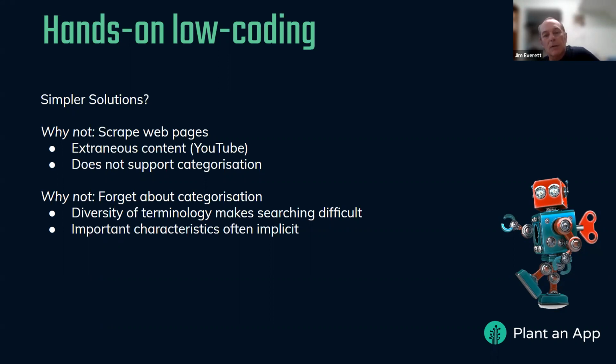Of course, we could have avoided using the categorization, but as anyone who's worked with Plant and App for a while will know, there is a diversity of terminology used, some of it historic, some of it evolving, and very often when a particular topic is being discussed in detail, it's not always obvious from the content that's stored what broader categories are being discovered. So a simple index wouldn't expose these higher level categories.